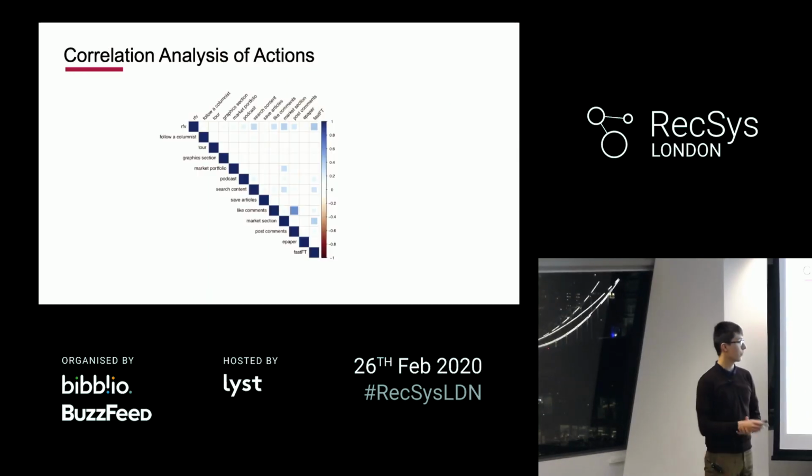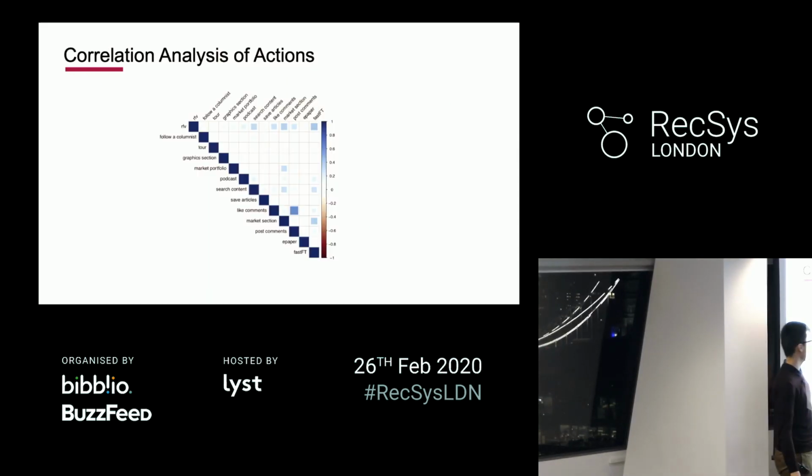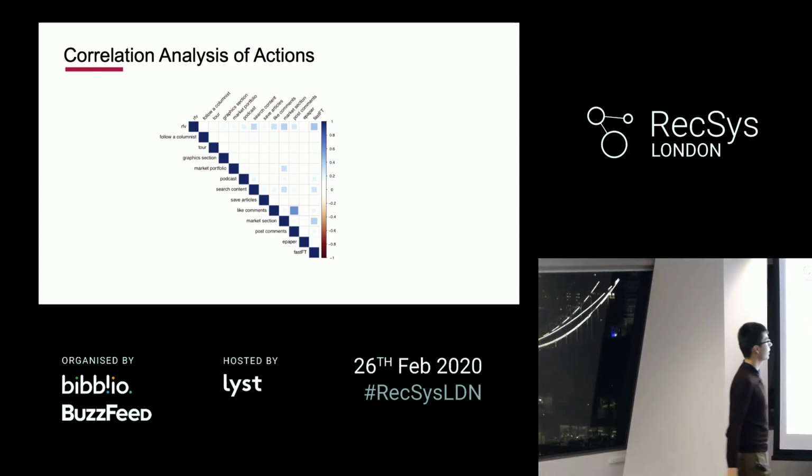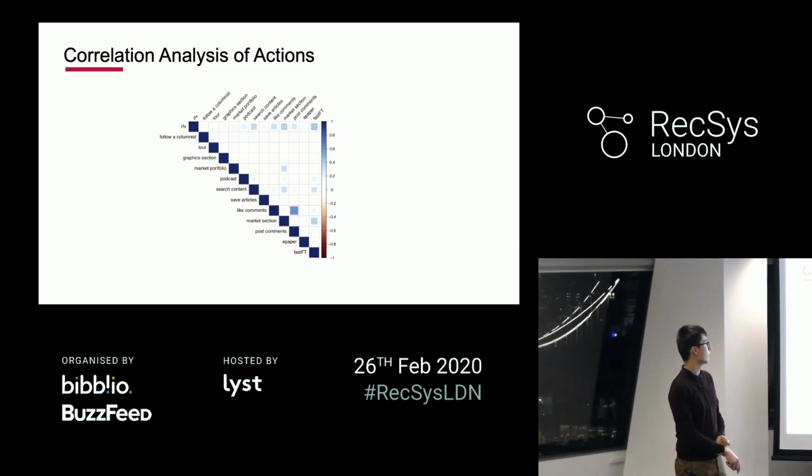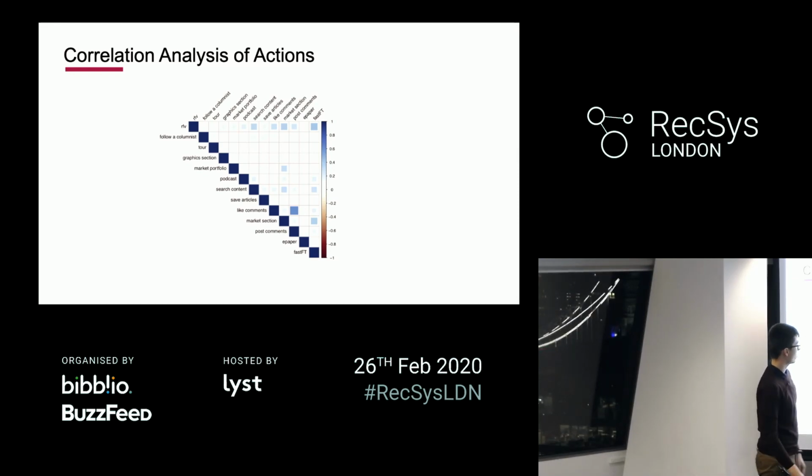We also conducted correlation analysis just to eliminate some actions which seemed not to be highly correlated with the engagement. For instance, here you can see that searching content, Fast FT, or Markets sections are the actions most highly correlated with the engagement metric RFV. Then we also check the cross-correlation in order to eliminate any actions which are possibly related to each other, and then we put those actions together.